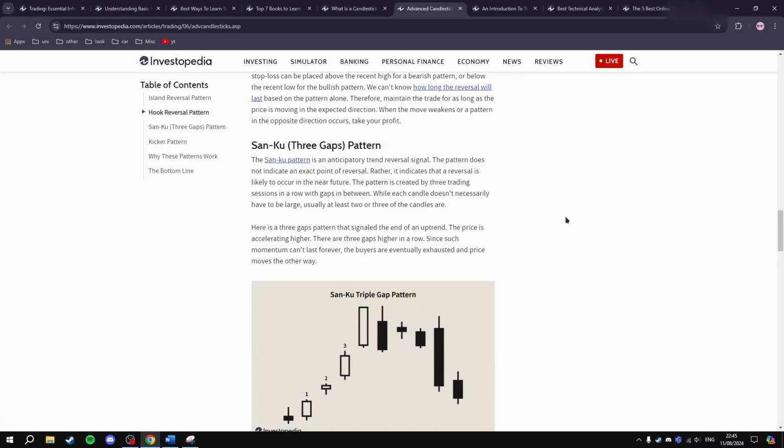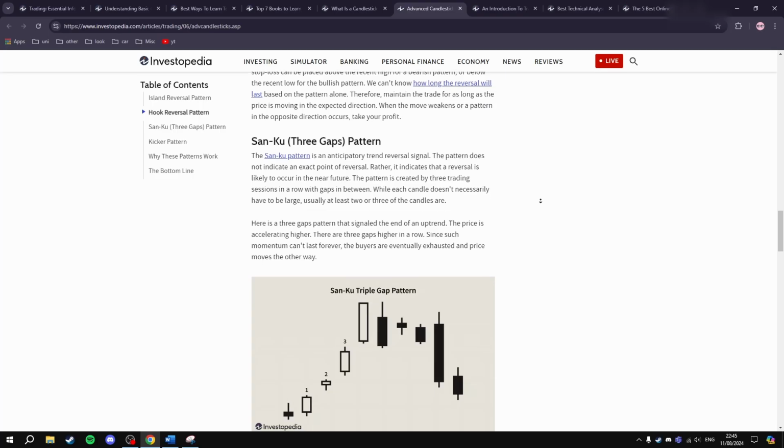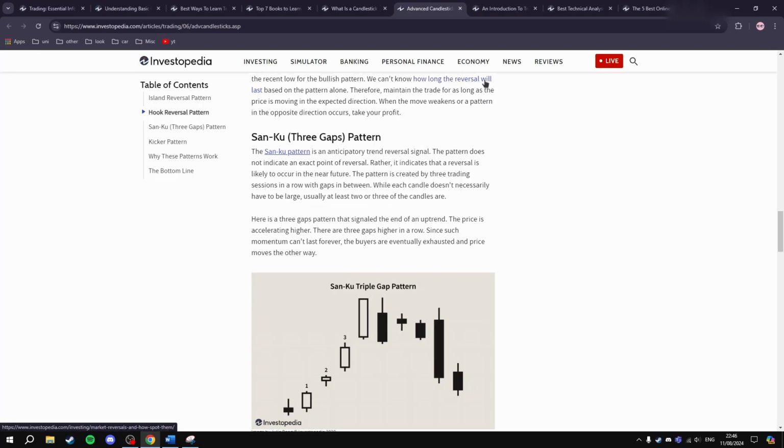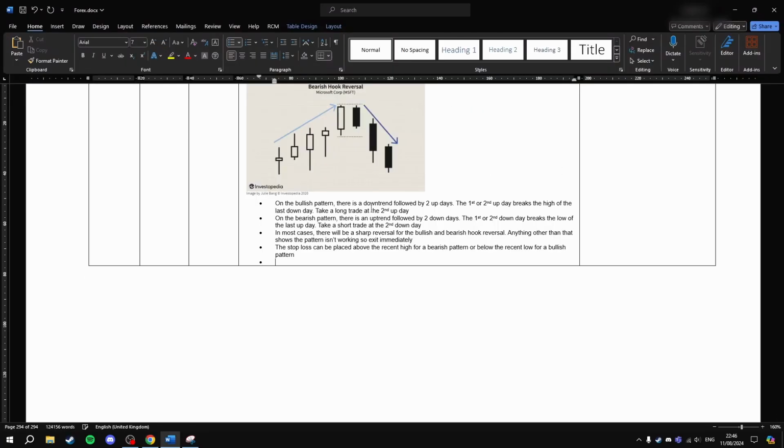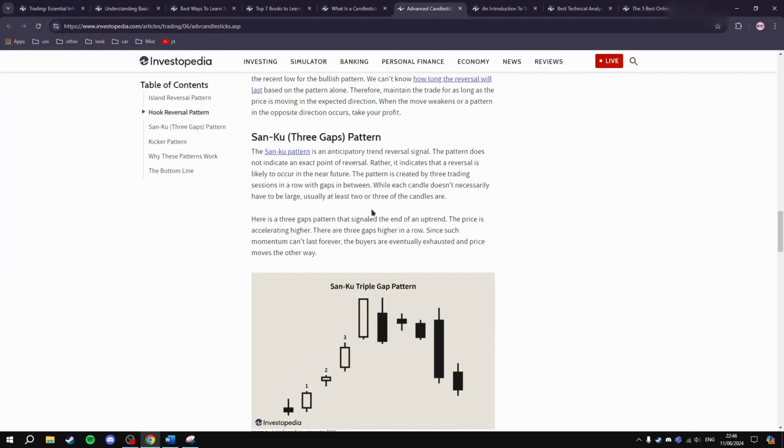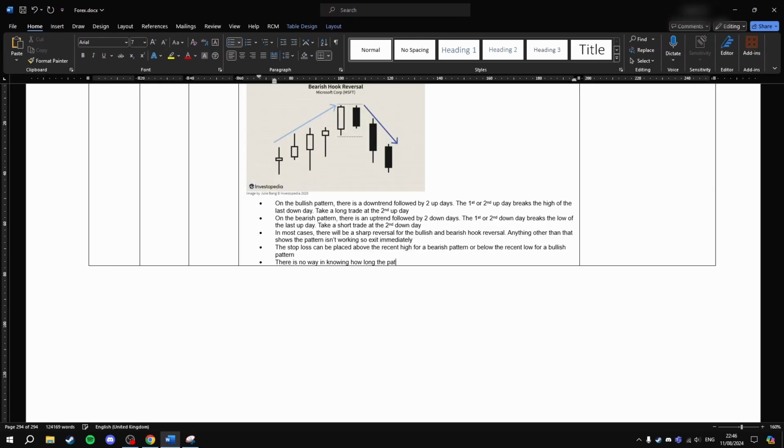We can't know how long the reversal will last based on the pattern alone. There is no way of knowing how long the reversal will last based on the pattern alone.